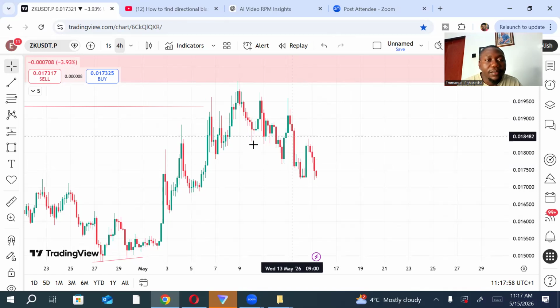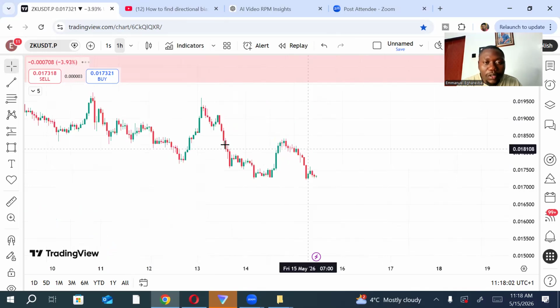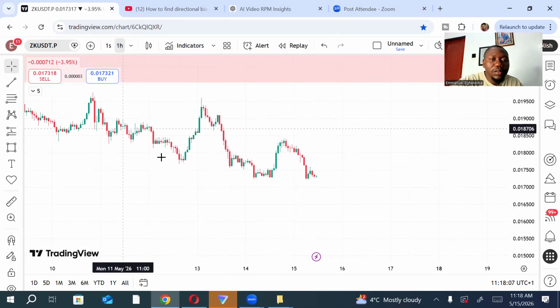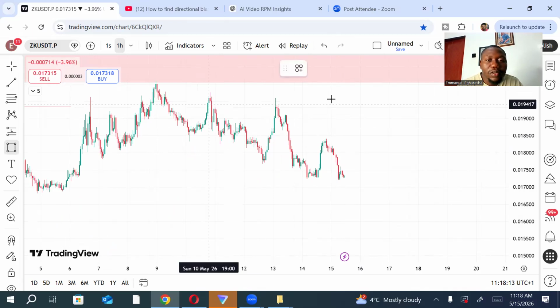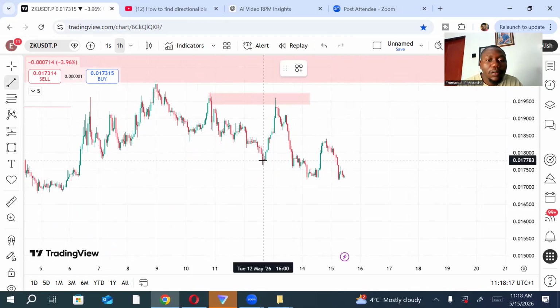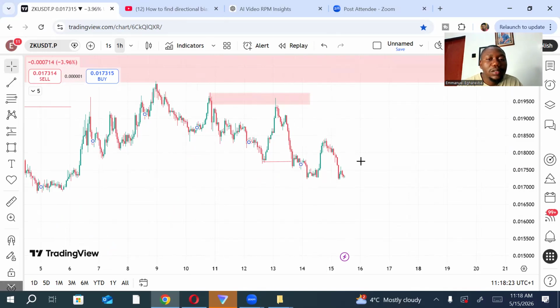we have, let me go to the 1-hour time frame now. There's a possible entry. You can see how price continuously mitigated supply, break of structure, inducement.